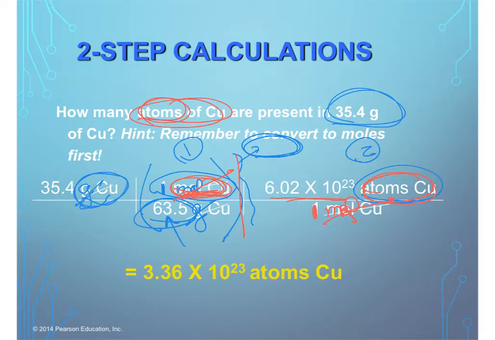And so now it is simply multiplying and dividing. It is 35.4 times 1 times 6.02 times 10 to the 23rd, all divided by 63.5. I would recommend putting all that in your calculator and making sure you're using your calculator right and that you get the correct answer.